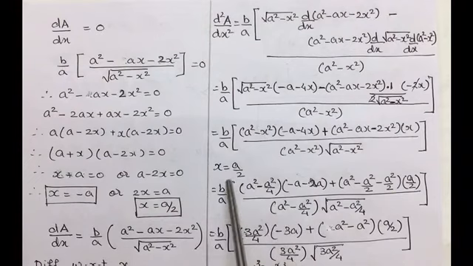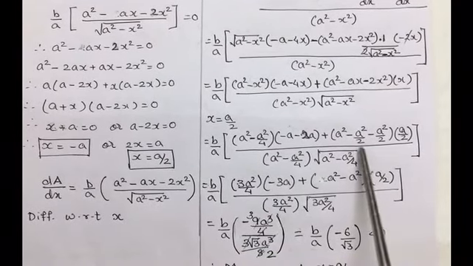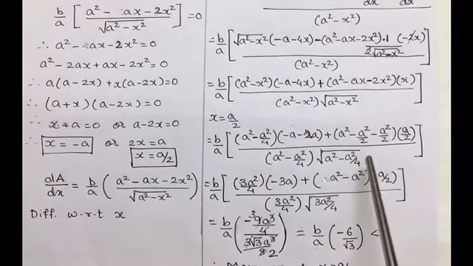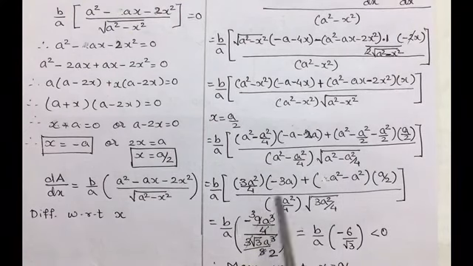Now wherever x is there, putting a by 2 and simplifying it. Very carefully we need to simplify. This part we will get as a square minus a square, which will make it 0. So we are not supposed to calculate it more. But in the first part and downside, taking the LCM and calculating, we'll get the numerator part as 3a square by 4 into minus 3a.